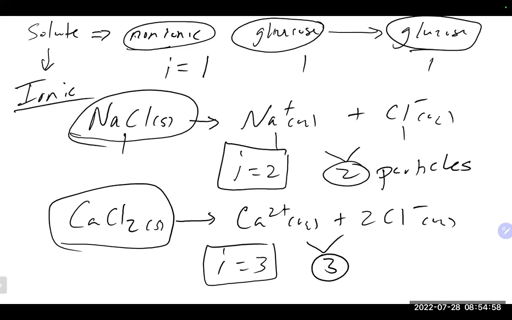You can take all of those formulas, like the change in the freezing point temperature, which would be i times Kf times m, and insert that van 't Hoff factor there.